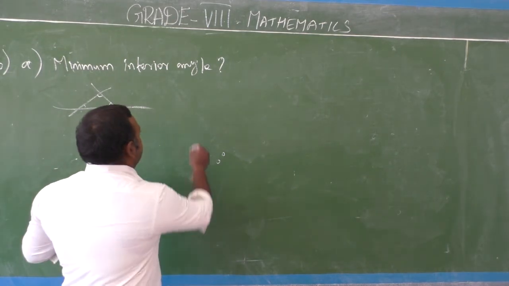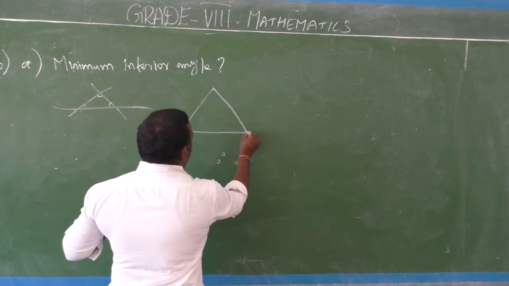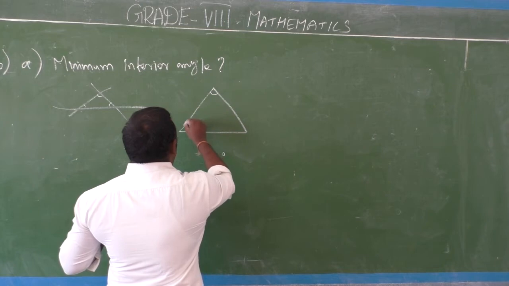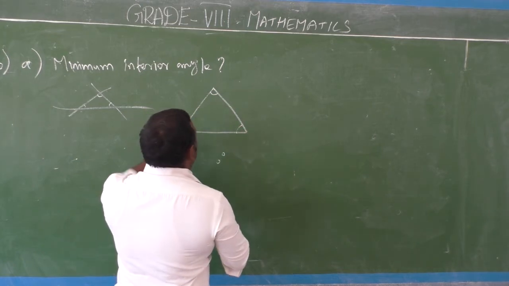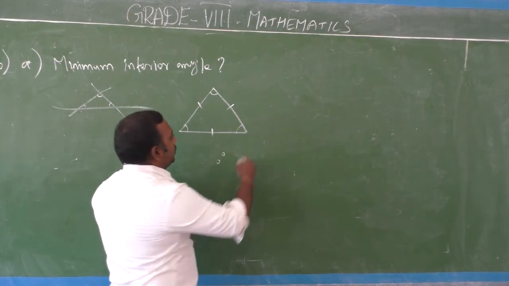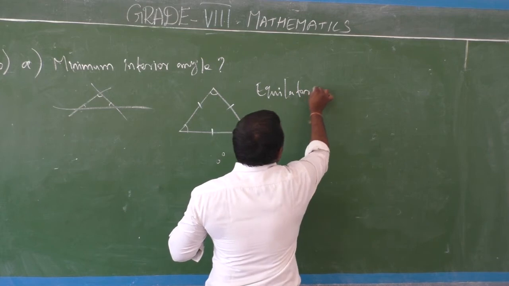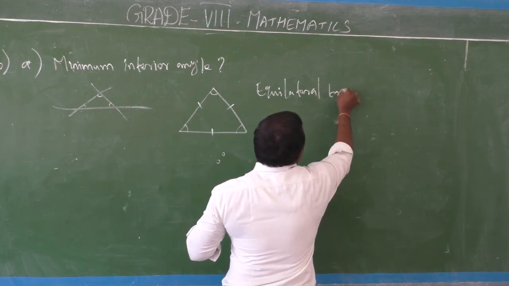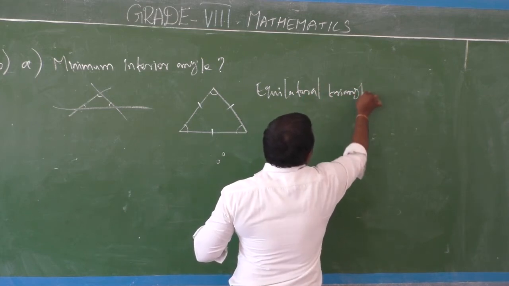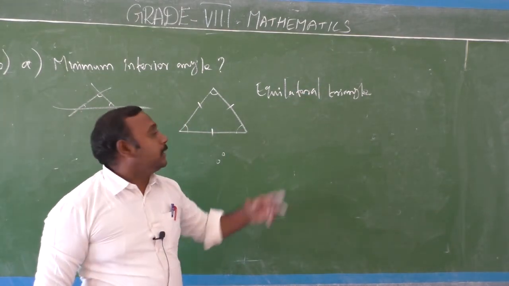So in an equilateral triangle, all the angles and sides are the same.